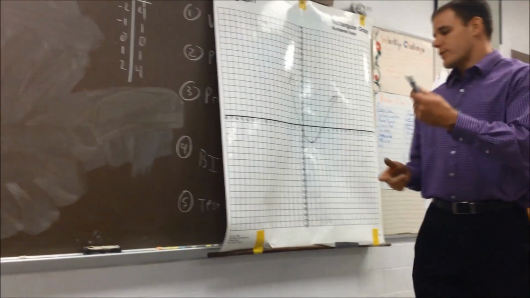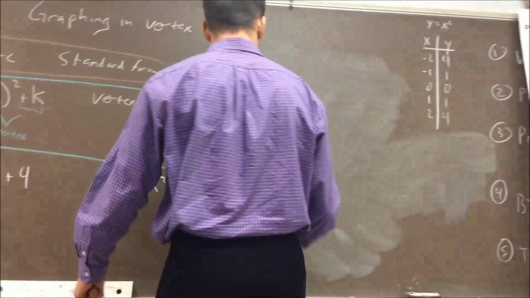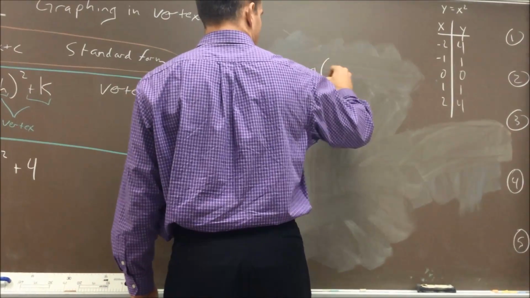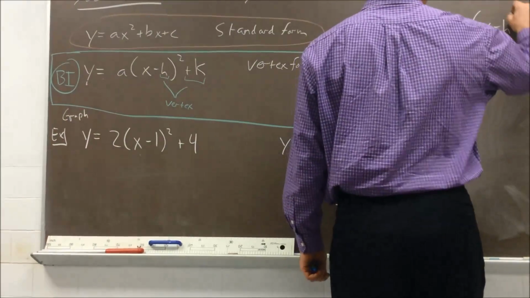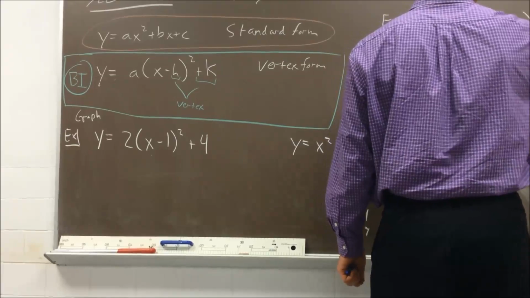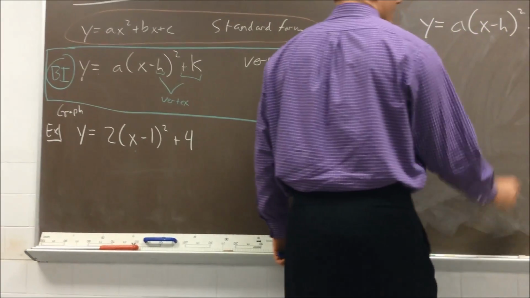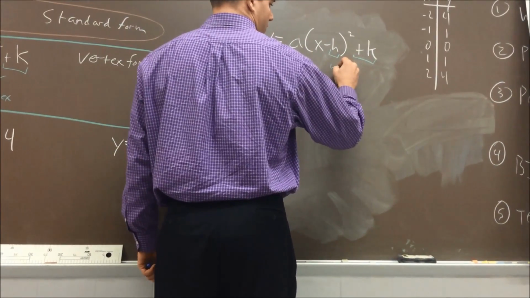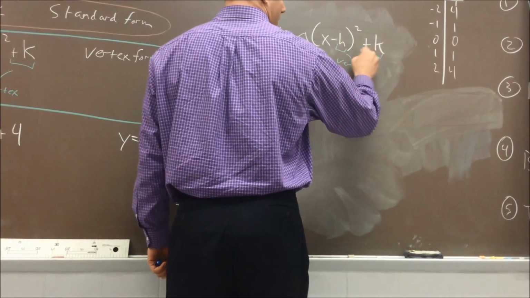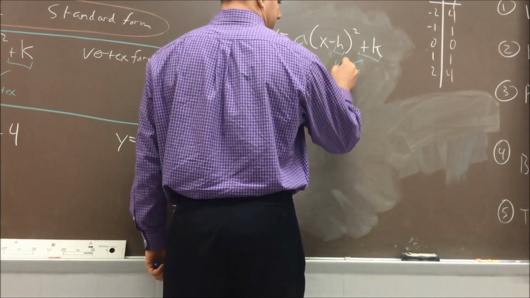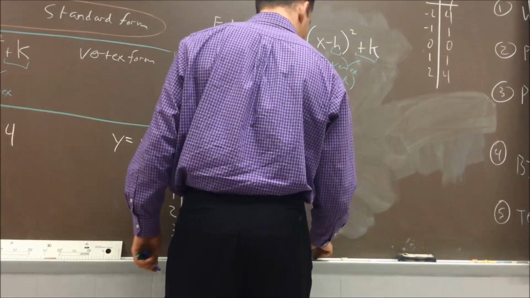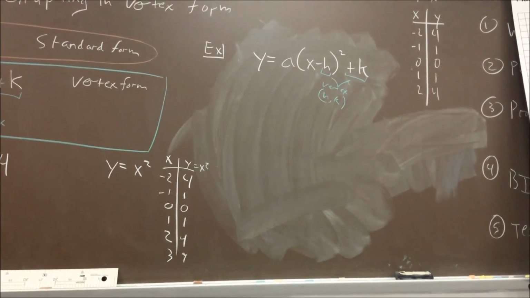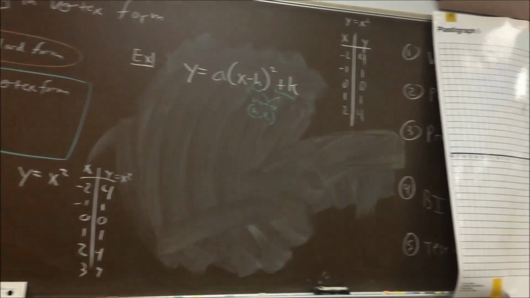So we're going to start with vertex form. Y is equal to A times quantity x minus h squared plus k. Remember, this is my vertex. H comma k. If you can see the coordinates of the vertex, this suddenly becomes very, very simple.